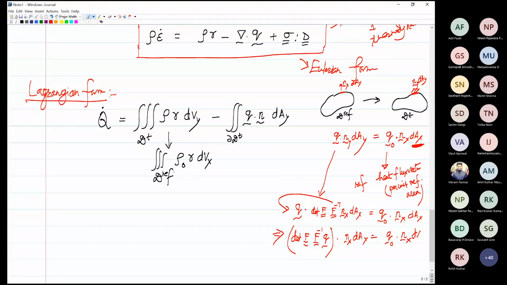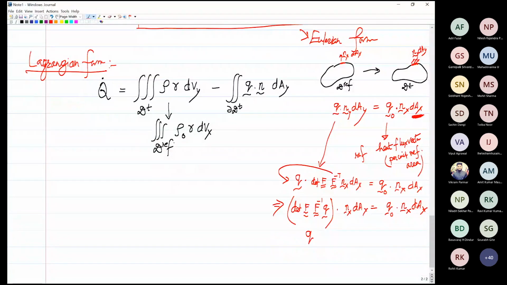And then from here you can find out what Q naught is, just by comparison. So Q naught is simply det F, which is J, the Jacobian, times F inverse times q. So that's the referential heat flux vector.